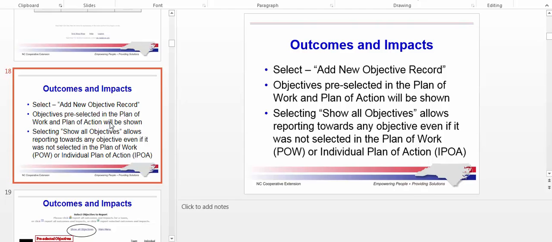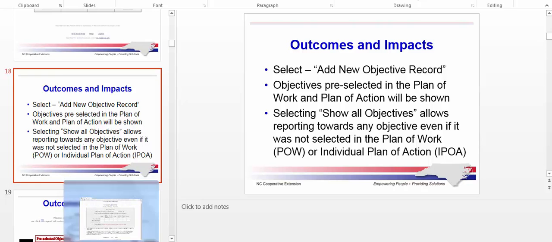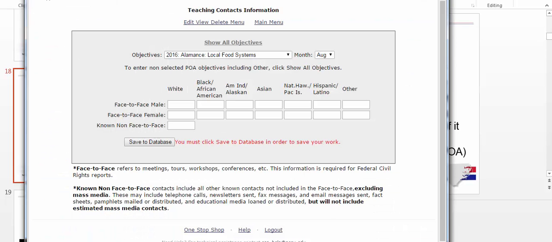If you select Show All Objectives, this allows reporting towards any objective even if it was not selected in the plan of work. Let me go to that and show that to you.